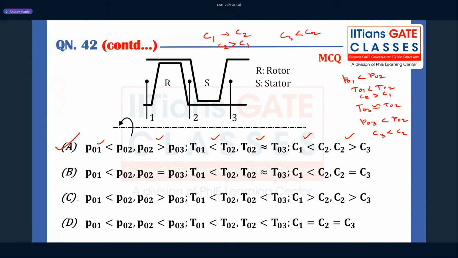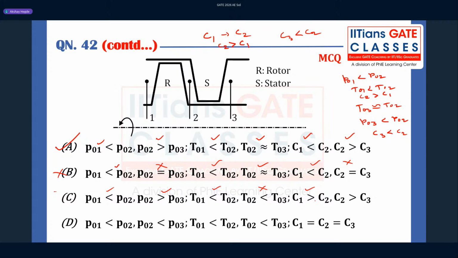For the other options, if you want to check: this is okay, this is not true always for adiabatic cases, and T01 less than, this is correct, this is correct. This is not correct, that's transformation, right? So this option is not correct. Similarly, this is correct, this is correct, this is correct, this is not correct for the adiabatic assumption, and this is okay.